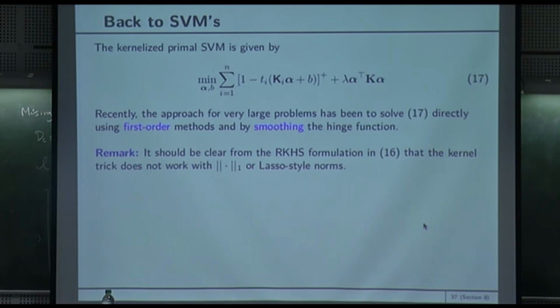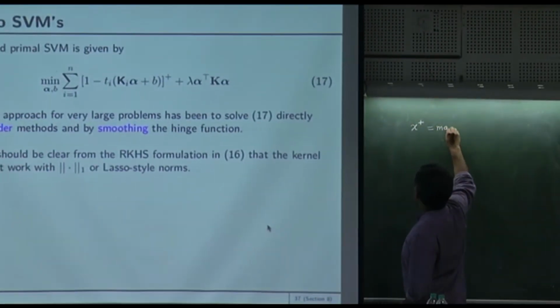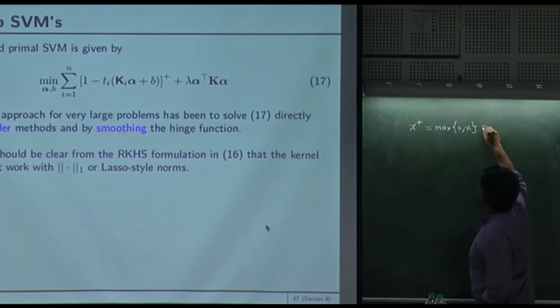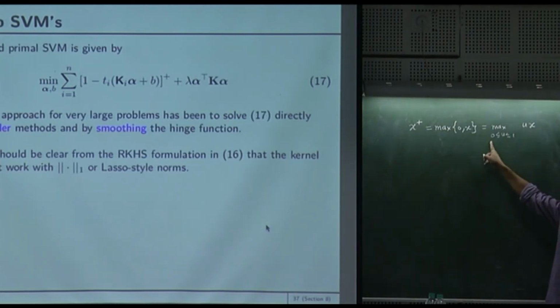Let's look at this function x plus, which is the max of 0 and x. Yesterday we said that this is the max over 0 less than u less than 1 of u times x. If x is positive, you will end up getting u to be 1. If x is negative, you will take u to be equal to 0. In each case, you get the maximum of 0 and x. So this is the exact same formulation.